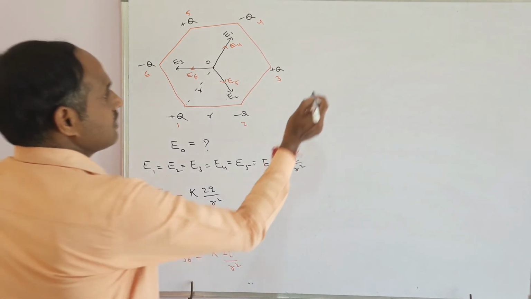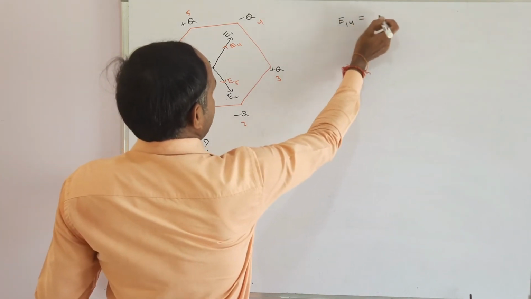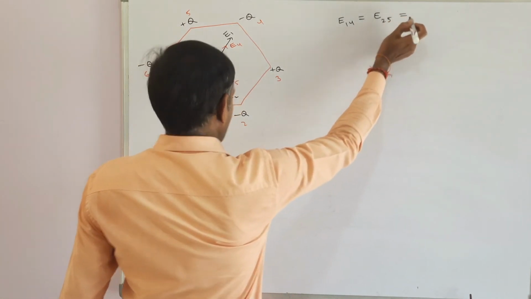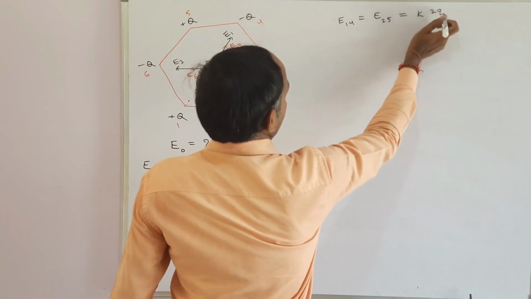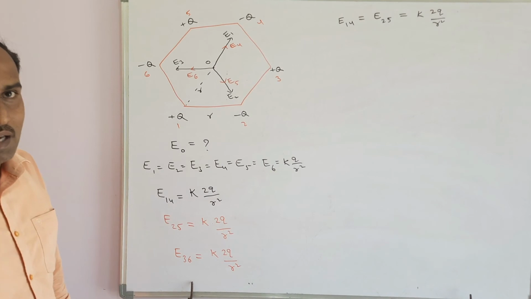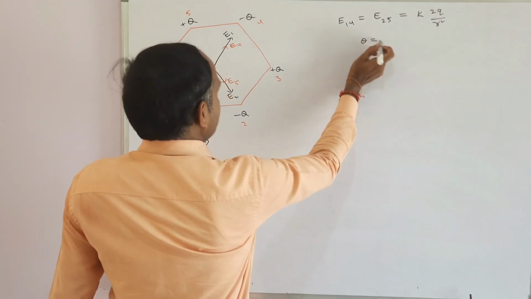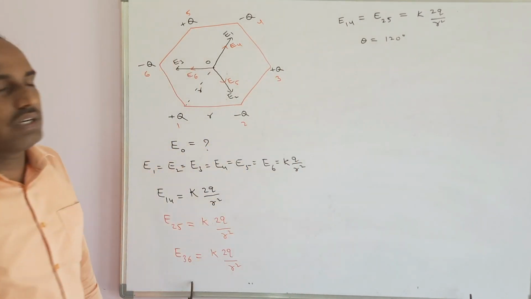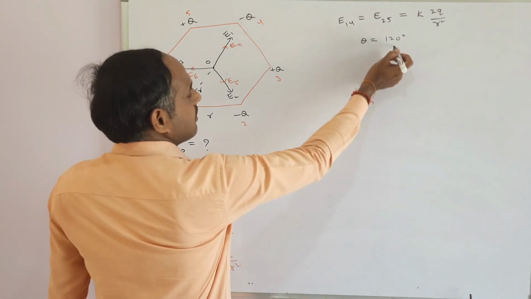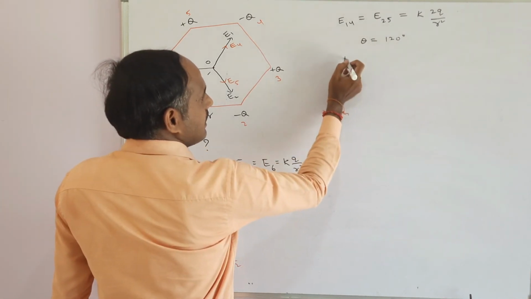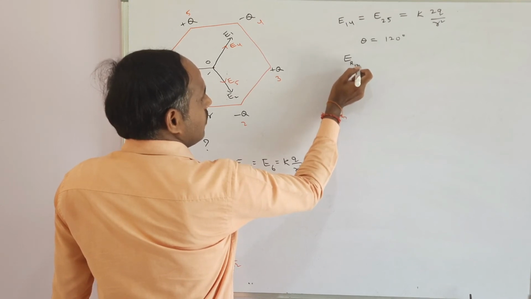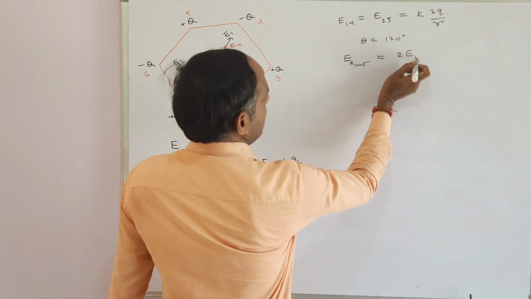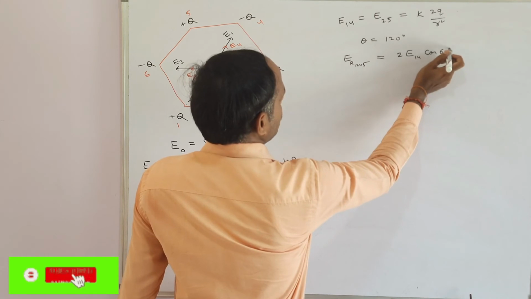So now my point is E14 and E25, they are equal in magnitude, and that magnitude is K into 2Q by R square, so the angle between them is definitely 120 degrees, when the two vectors are equal in magnitude. At an angle theta, the resultant of 1, 2, 4, 5 is equal to 2E14 cos theta by 2, that is cos 60.